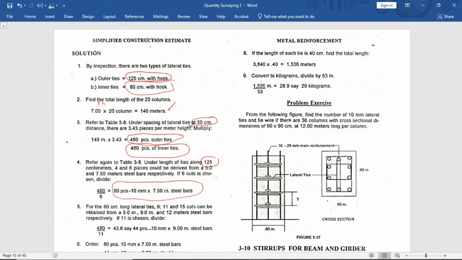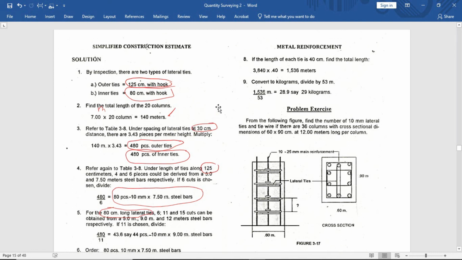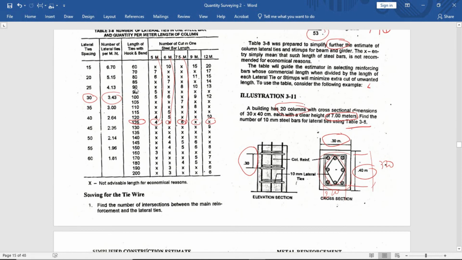How about naman para sa 80 centimeters na inner ties? Tingnan ulit natin yung table. So, 80. Ang pwede natin is 5 meters. Not advisable ang 6 tsaka ang 7.5.